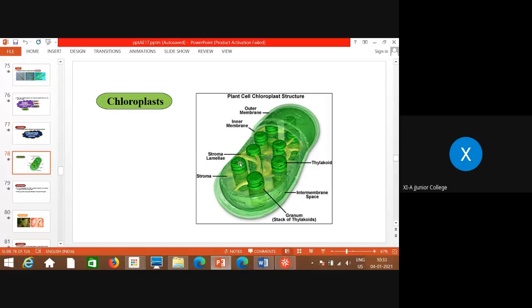That space is called stroma lamellae or intergranal lamellae. Now, as you know, each thylakoid, the number of thylakoids in each granum also varies, and the number of grana in each cell also varies.